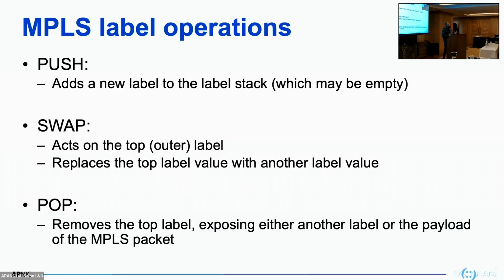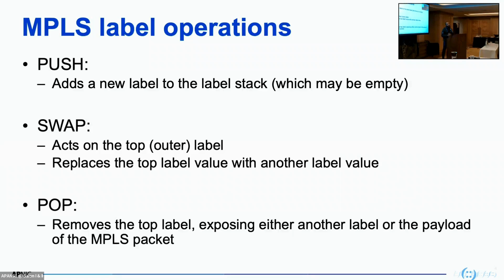That layer 2.5 technology is called multi-protocol label switching. So it's not really routing, not really switching, but somewhere in the middle. That's why it's called label switching, or MPLS, layer 2.5.